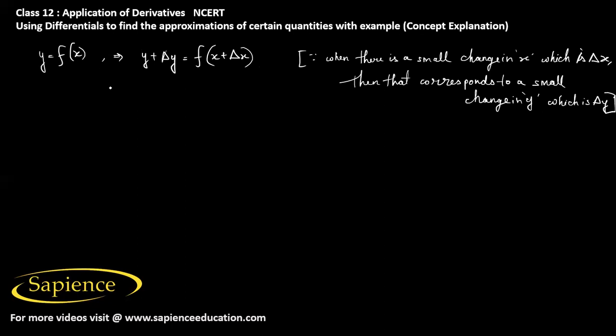So now y is f of x, so I can write f of x plus delta y is equal to f of x plus delta x. So here delta x is very small, so it is a small change I'm saying.